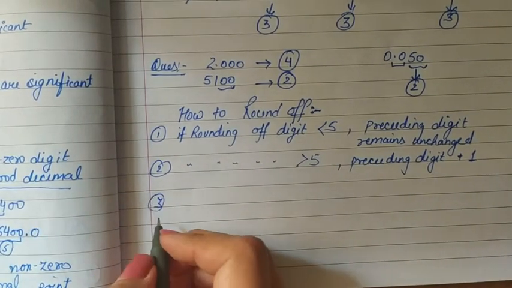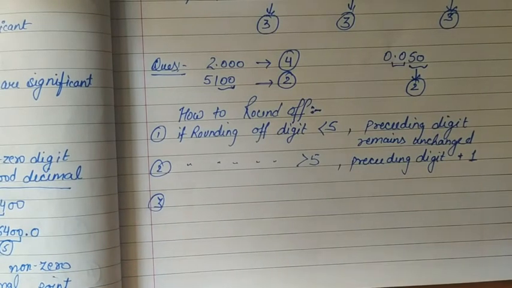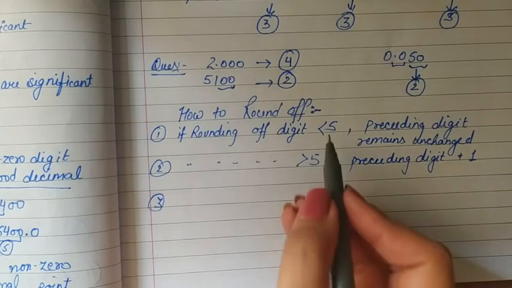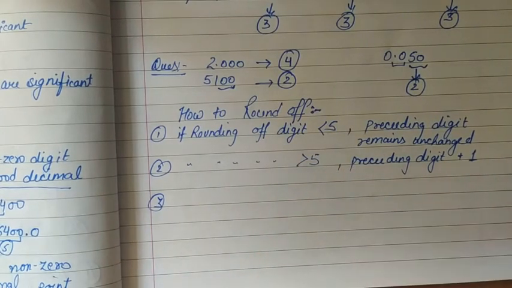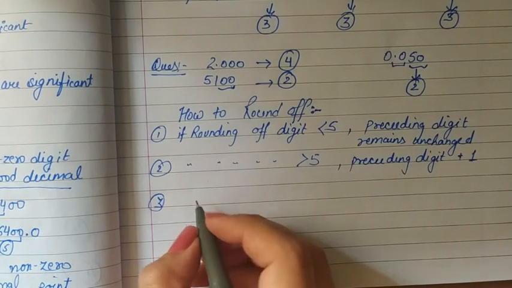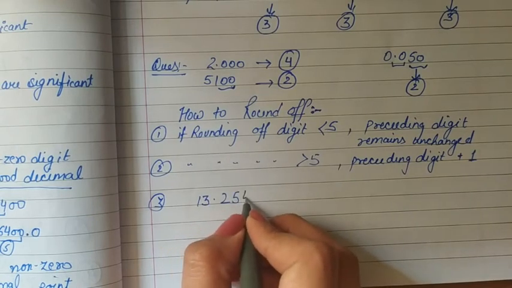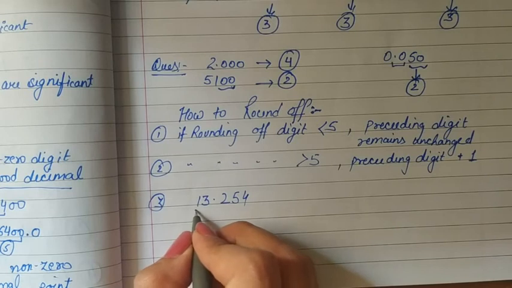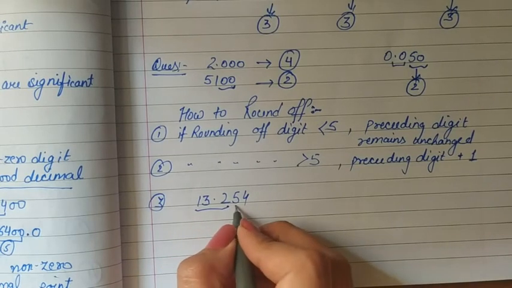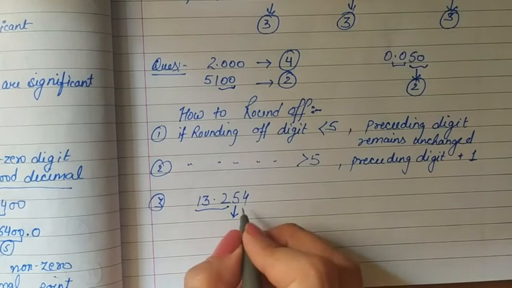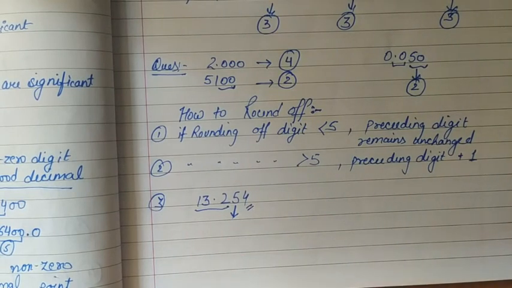The next point to remember is, if the digit we have to drop is actually 5, meaning it is neither less than 5 nor greater than 5, it is 5 and it is followed by some non-zero digit. Like in the number 13.254, we want the number up to this digit. So if the dropping digit is 5 and it is followed by a non-zero digit, then the preceding digit will be increased by 1.